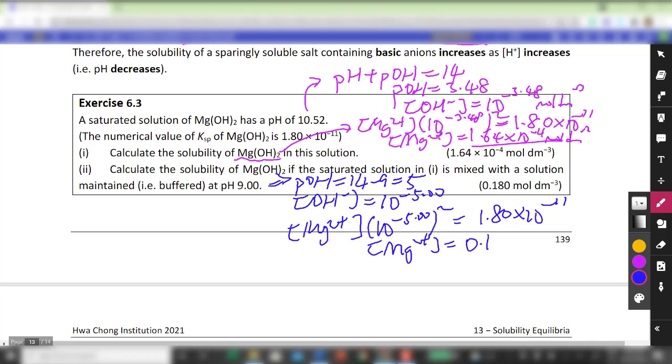It will be 0.180 moles per dm cube. So you notice that as the pH decreases from 10.52 to 9.00, the solubility of magnesium hydroxide increases from 1.64 times 10 to the power minus 4 to 0.180 moles per dm cube.